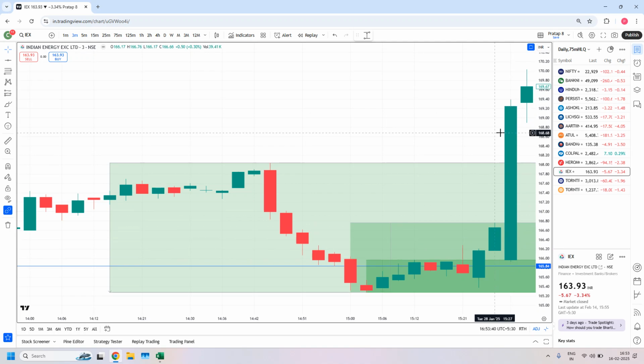Four rupees in a 150 rupees stock or 160 rupees stock, 4 rupees means it is huge. That means the candle length is 3% high explosive.